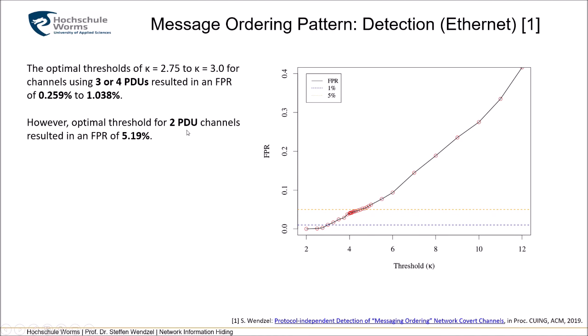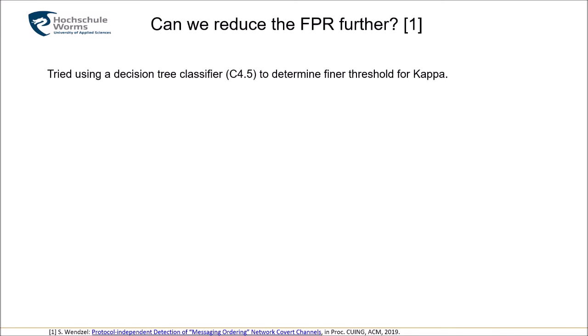And for the 2 PDU channel, it was not so easy. So I got a false positive rate of 5.19%, which is slightly above this orange line here. But the 3 and 4 PDU channels were nicely detectable. So I tried to use a decision tree classifier, namely C4.5, to determine finer thresholds for kappa.